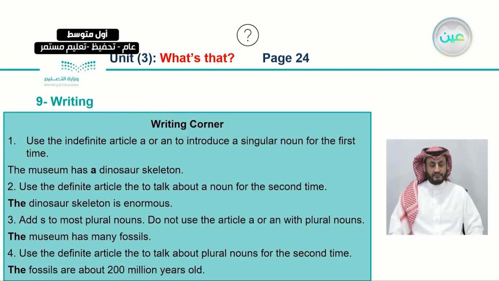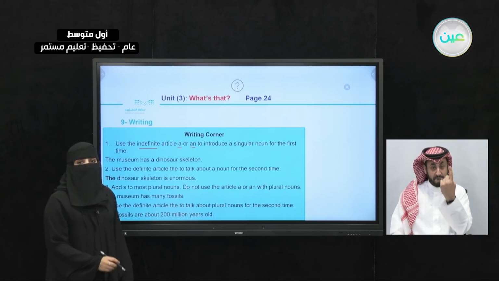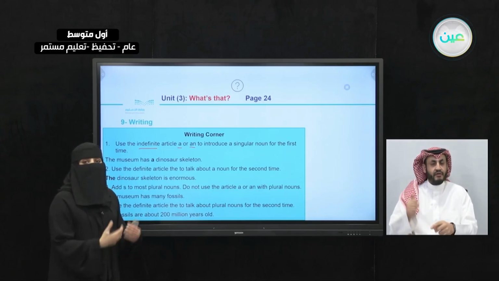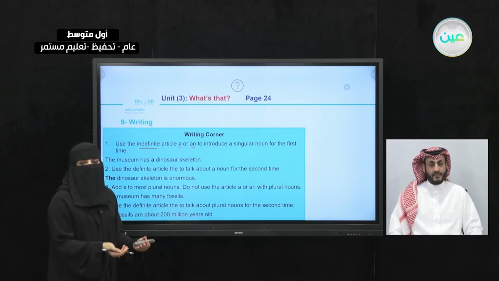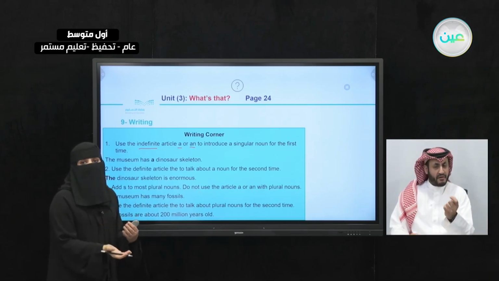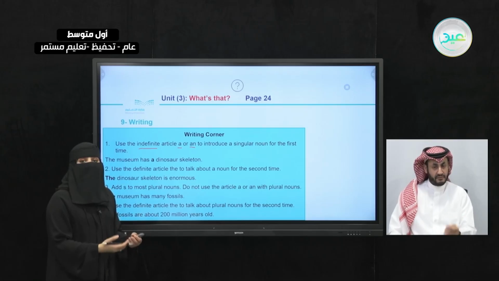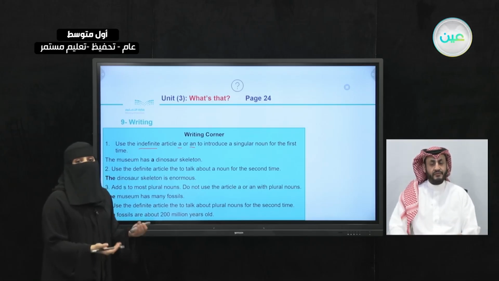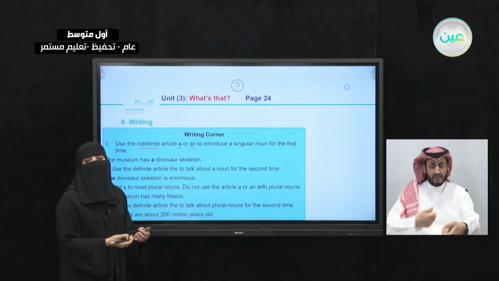In the writing corner, we use the indefinite articles a or an to introduce a singular noun for the first time. What does that mean? Remember, writing is an output skill. So you're about to share your thoughts with your readers. Let's say you're talking about the museum.